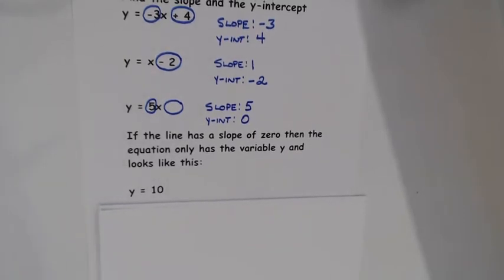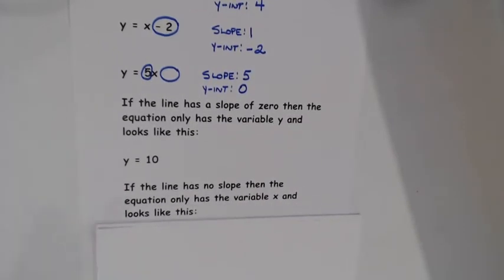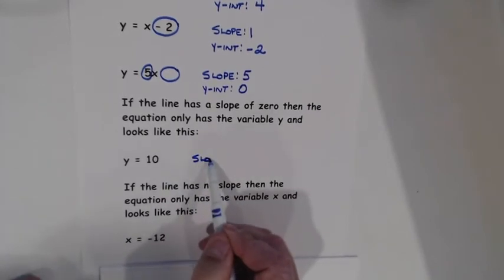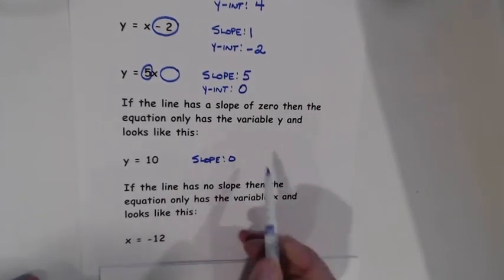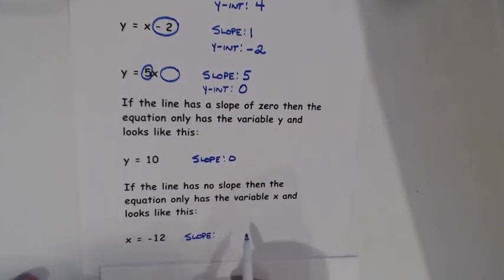There's no x there. If the line has no slope, then the equation has only one variable, x, and looks like this right here. So y is equal to, this always has a slope of 0. This one doesn't even have a y. This one's got no slope.